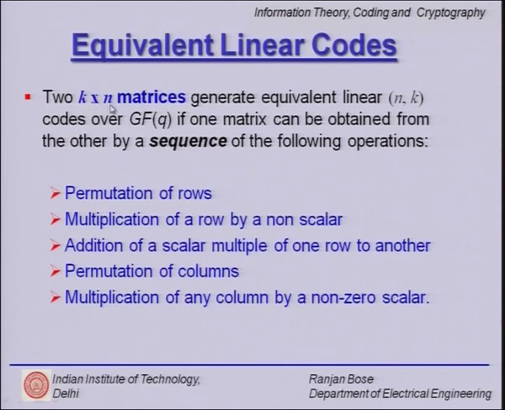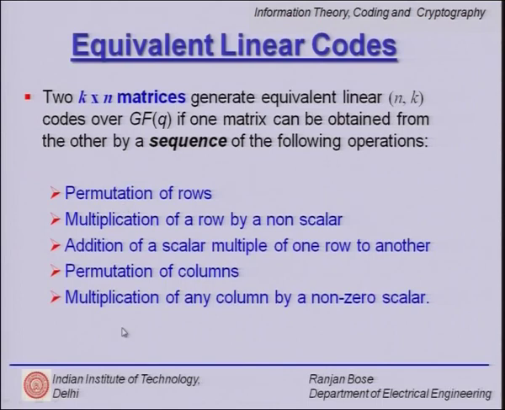These are generator matrices, code 1, code 2, and they are supposed to generate equivalent linear codes over GF(q) if one of the generator matrices can be obtained from the other by a sequence of the following operations.